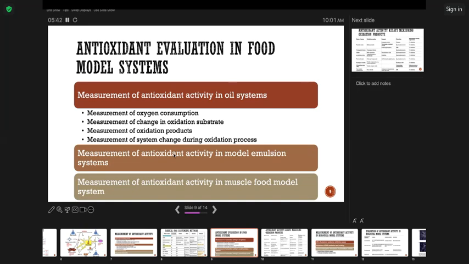Let's say you make dried fish, ikan kering, or ikan asin. Maybe you want to see the antioxidant activity in the muscle of the fish. That one you can run.